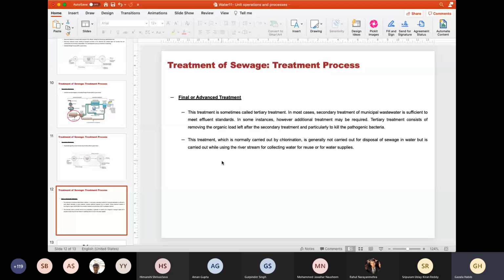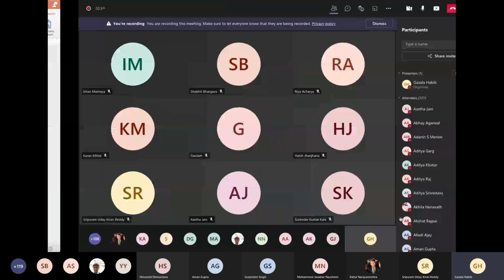In that case only is chlorination done. This is what it means. Okay, is that clear? Is there any question?